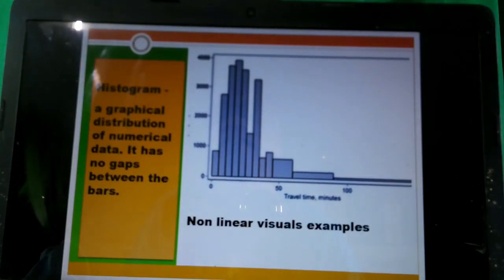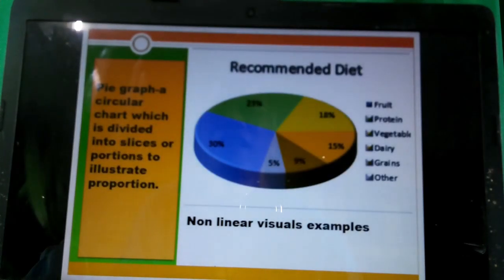Another one is histogram. It is a graphical distribution of numerical data, and it has no gaps between the bars. So there's the difference of bar graph and histogram. Okay, let's go to the pie graph.